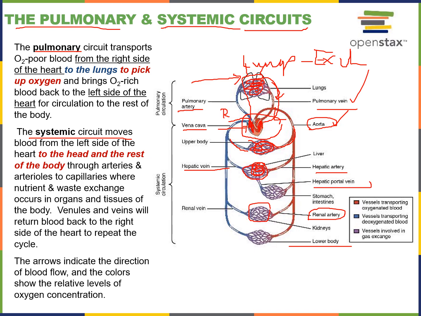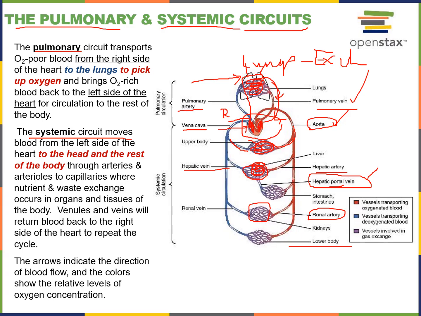So the hepatic portal vein is a very unique arrangement, and I'm going to talk about it now because it's an important concept that you have to understand, and since it's on the slide, I'll mention it. This is a portal vein, and a portal vein is very unique.